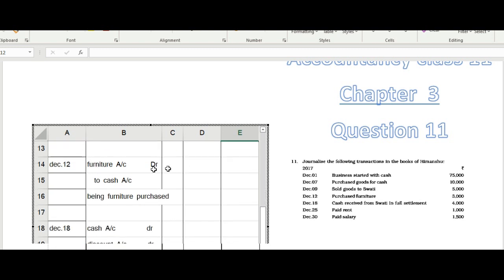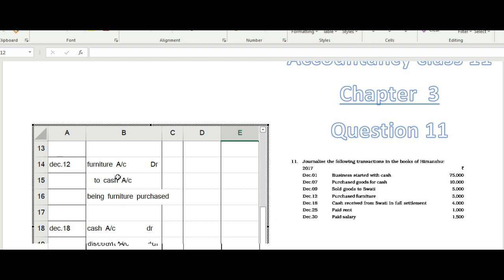Then start the next transaction, December 12, purchase furniture 3,000. Furniture is the category of asset, and increase in asset goes to debit side, and the second account is cash, which declines for purchasing furniture. That's why we credit the cash, because cash declines, and decline in asset goes to credit side.